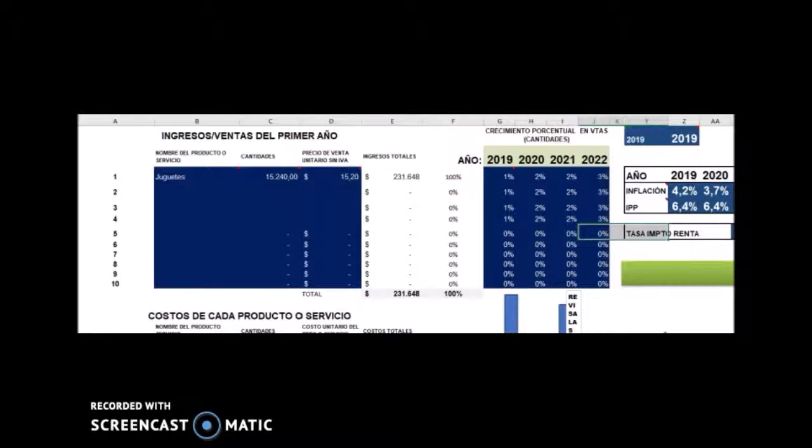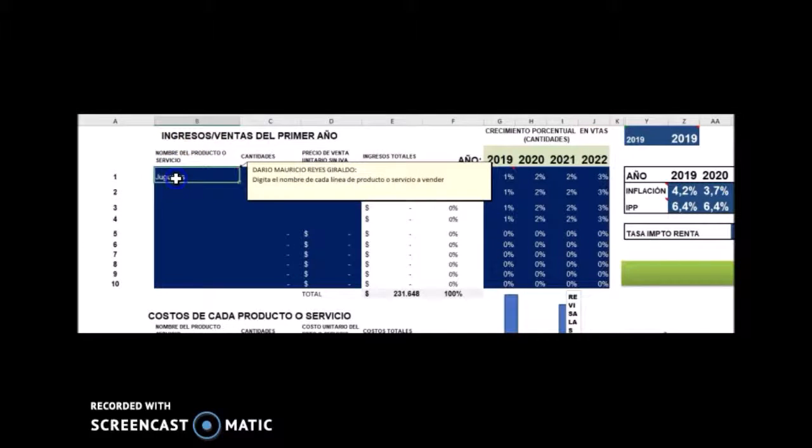Okay, so first we had here our financial simulation. So we expected in the first year to sell toys.